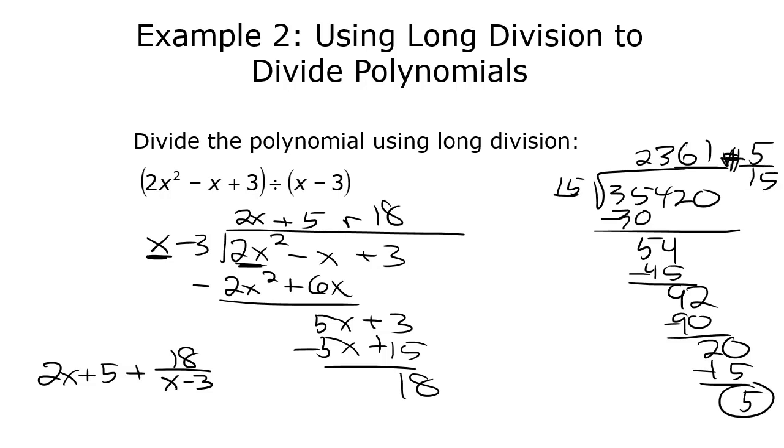That's our remainder, plus 5/15, which we would reduce to 1/3, of course. So the answer when we do this division is 2,361 1/3. Same thing here, 2x plus 5 and 18 over x minus 3, right? Whatever our remainder is over our divisor. So that's the nice parallel between numbers and letters.